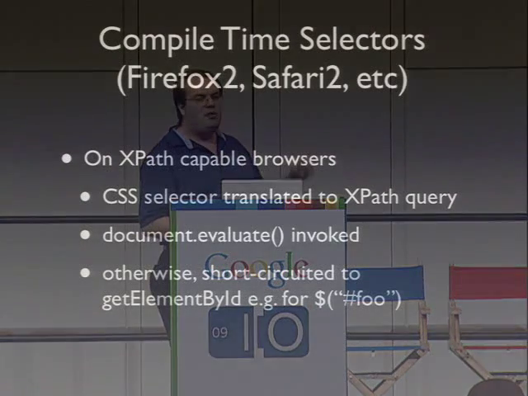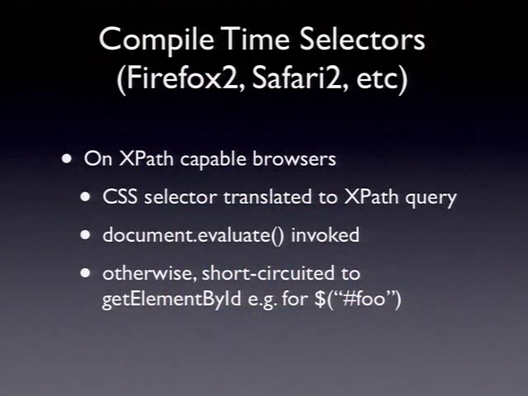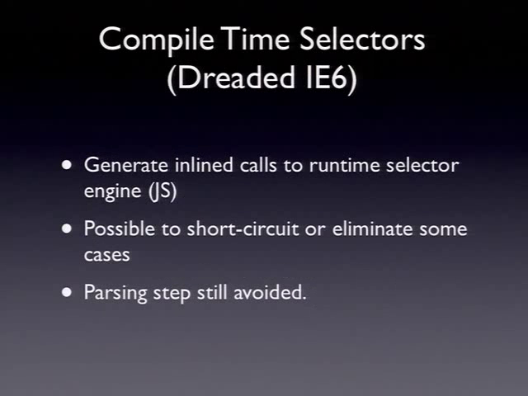And on Firefox 2 or the XPath-specific browsers, it basically has that same short circuiting. It will short circuit for IDs and some other particular queries. And then even for the dreaded IE6, it will generate inline calls by parsing the CSS selector and generating inline calls to DOM methods like getElementsByTagName. So it kind of unrolls everything.